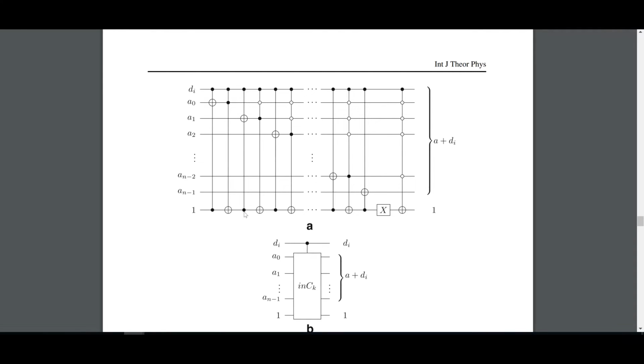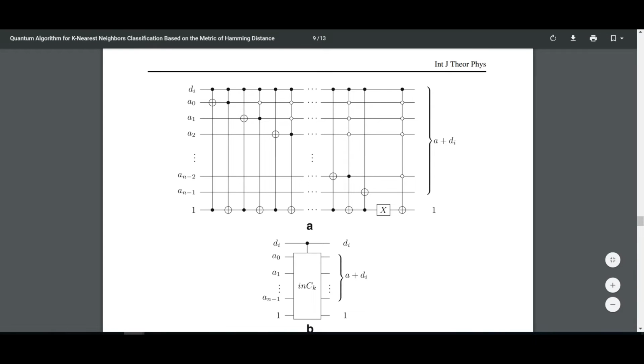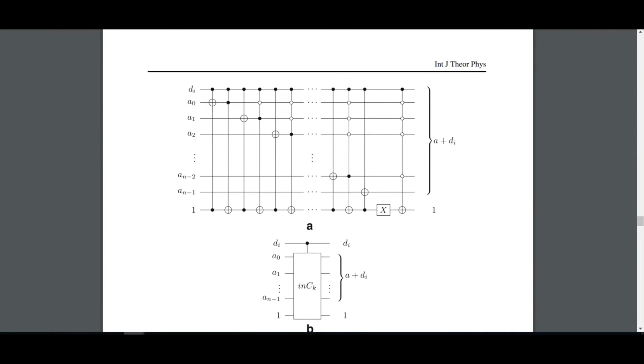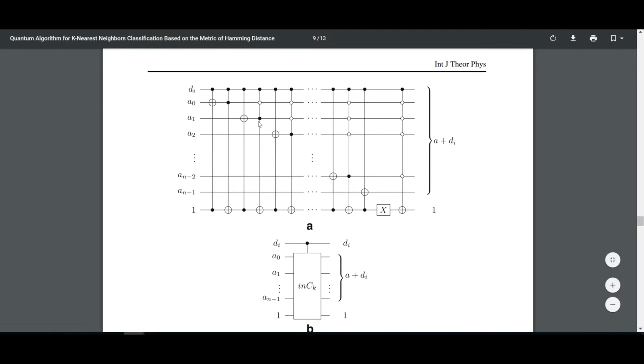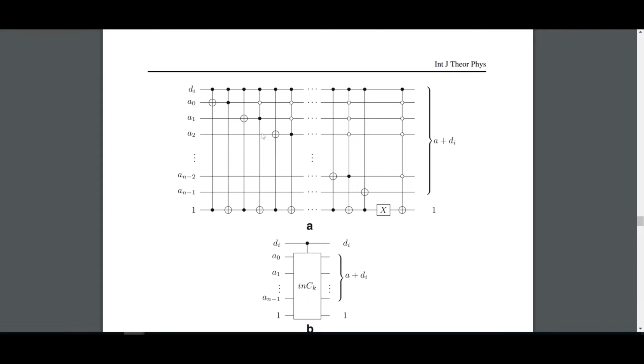Good. I'm not so sure if I can do this with the circuit composer, but I can try. Here we've got a Toffoli. Unless that means this must be 0, so I might not be able to construct that with the circuit. I think I can't.